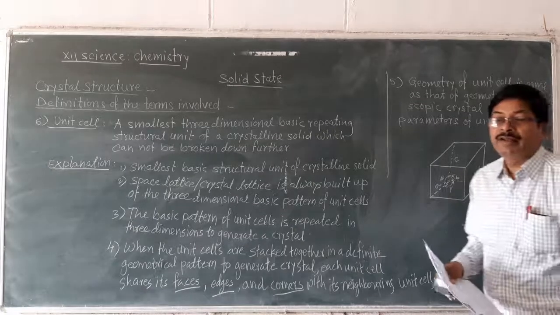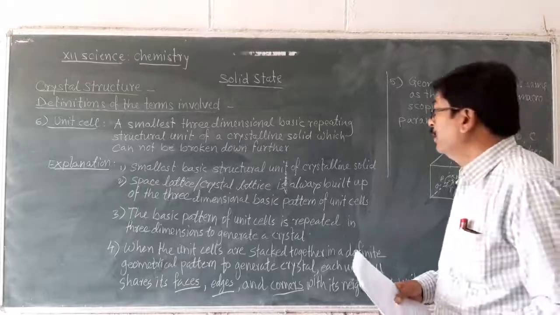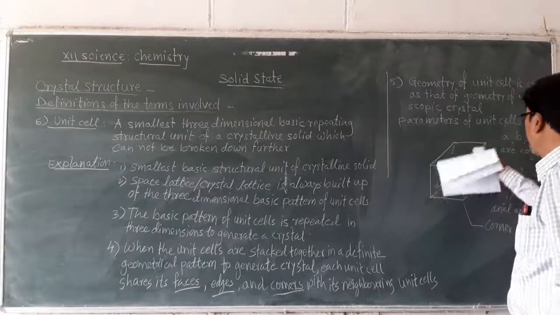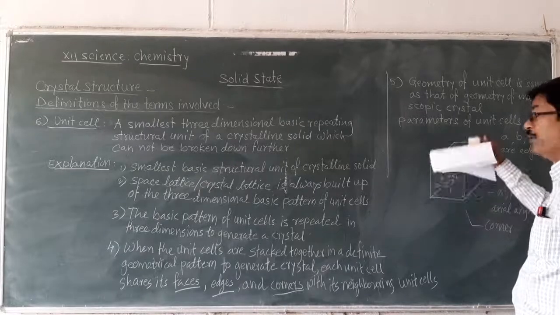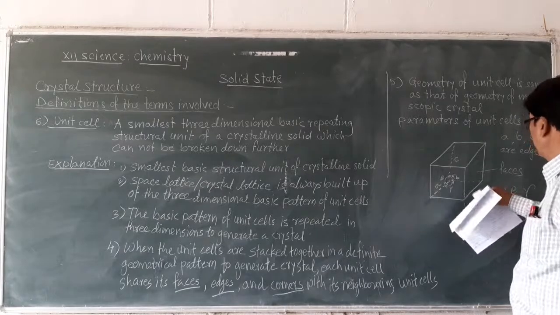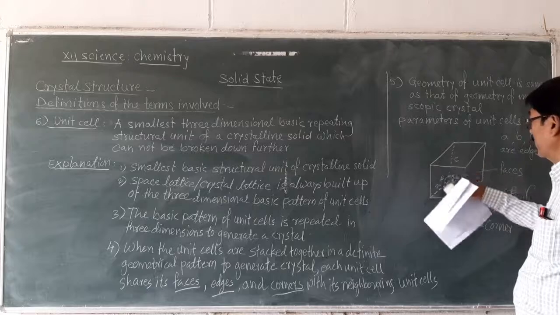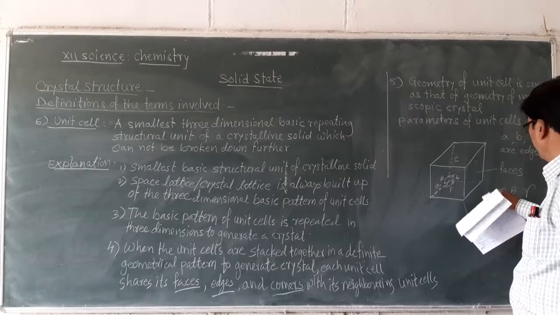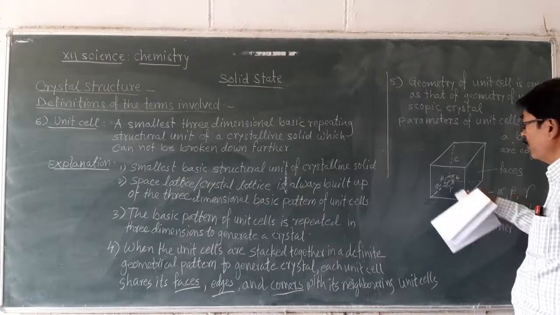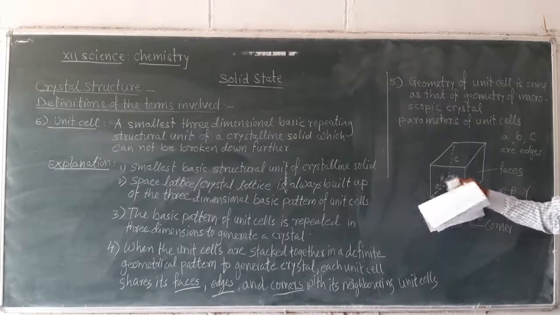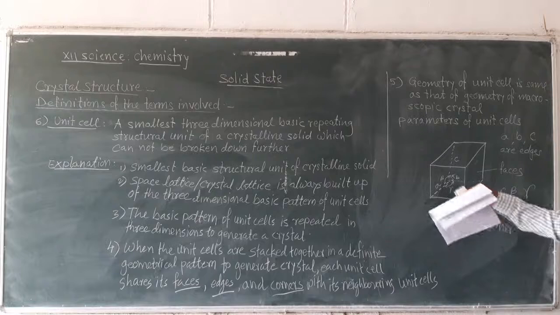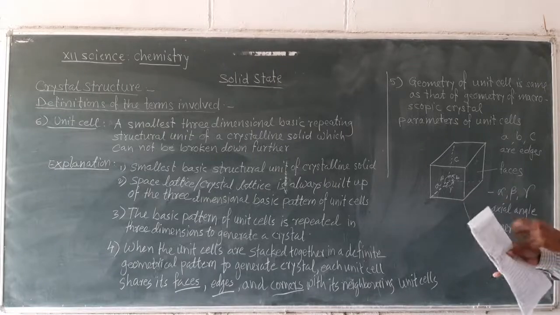In this way, in any unit cell, you can show these parameters such as edges A, B, C. They may be same or different. Faces depend upon geometry. Axial angles alpha, beta, gamma. At any corner you can show it as shown in the diagram.